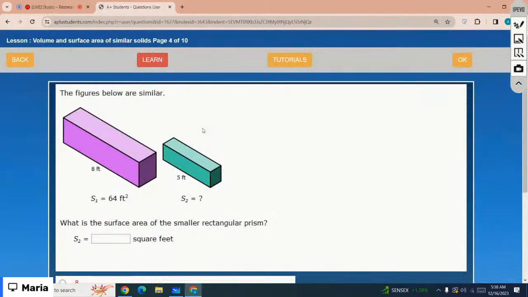The figures below are similar. What is the surface area of the smaller rectangular prism?